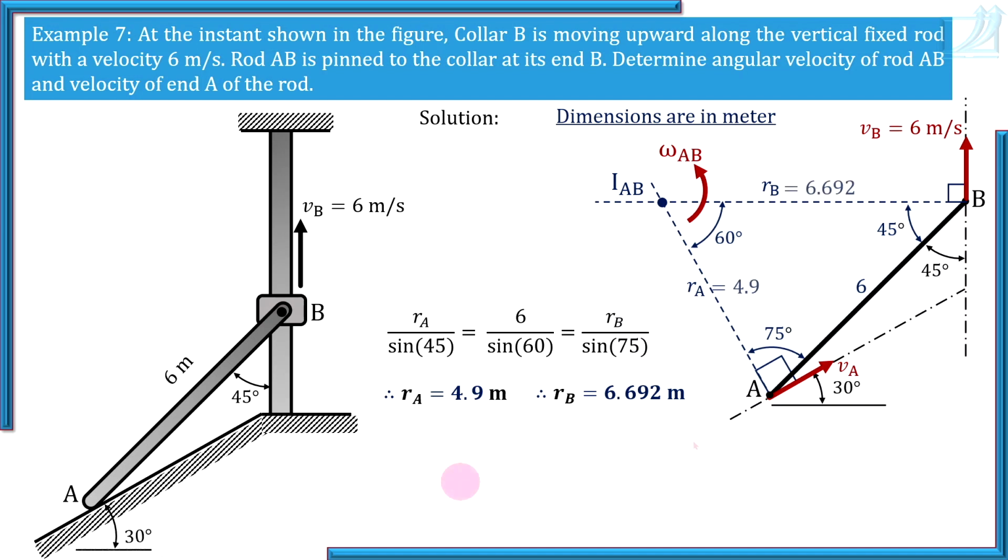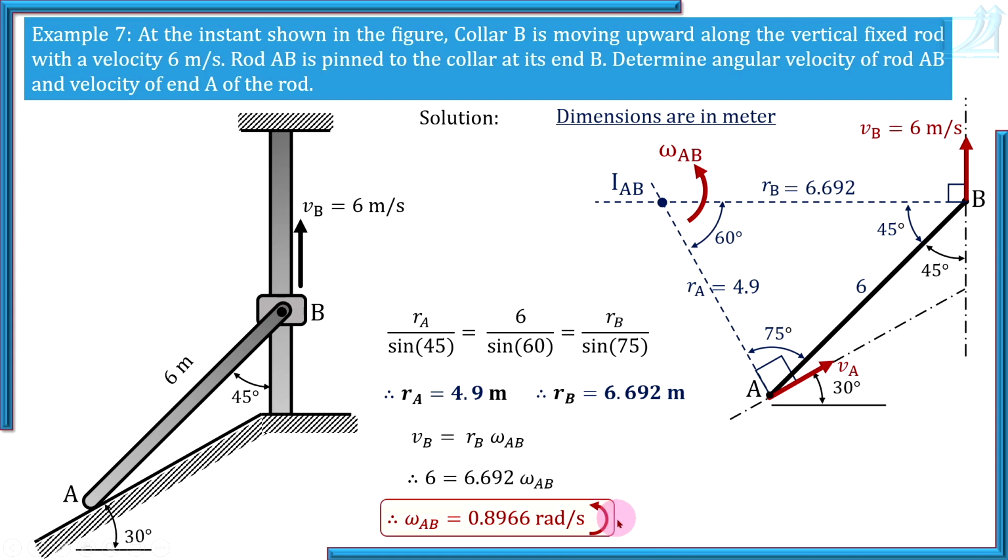And now start velocity analysis with the known velocity, that is VB. VB is equal to RB into omega AB. Just put the values. VB you know is 6 meters per second. RB we have found out as 6.692 and we got omega AB. Direction we have already shown in the diagram. So angular velocity we have found out.